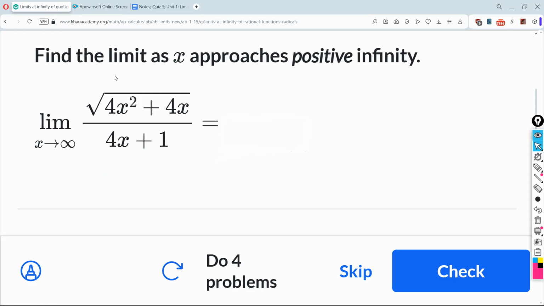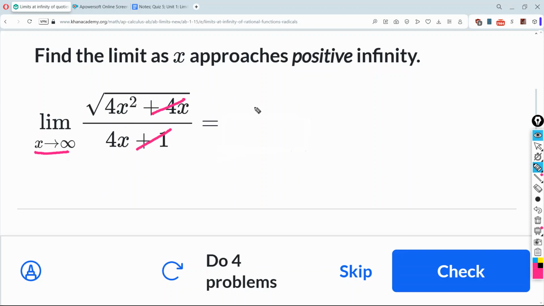All right, so they want us to find the limit as x approaches positive infinity. It says it right here, positive infinity. So just like last time, you want to look at the greatest exponent and ignore the other terms. So here's x squared. Let's ignore this. Here's plus 1. And we have these two terms here.